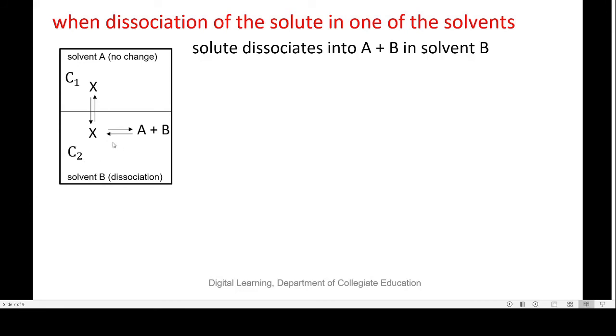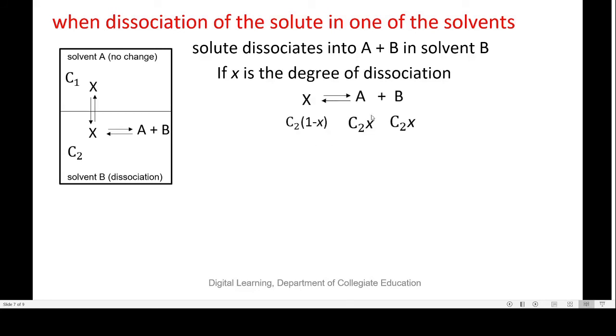Solute X is undergoing dissociation in solvent B to give A and B. If x is the degree of dissociation, then the concentration of A will be C2 into x, that of B will be C2 into x, and the remaining concentration of undissociated X will be C2 into (1 minus x).